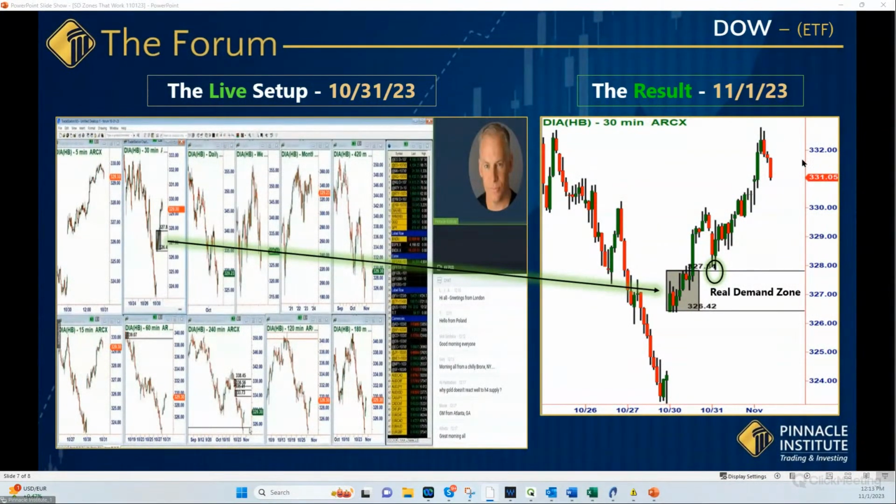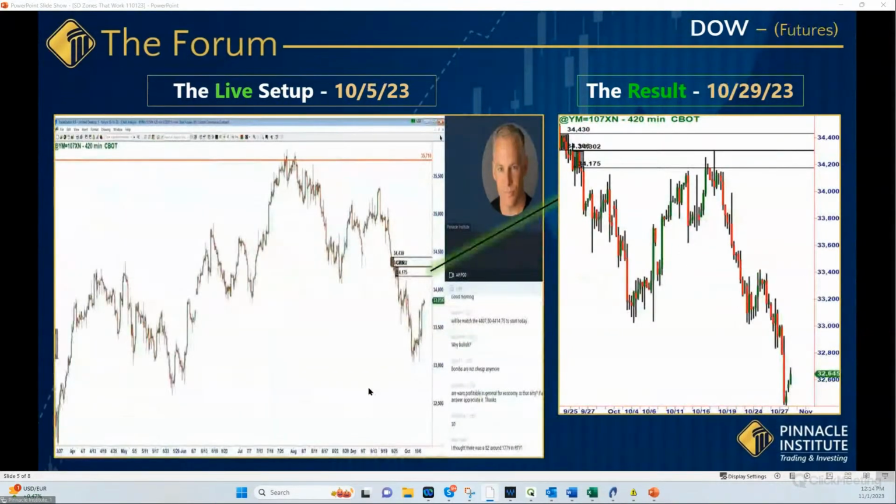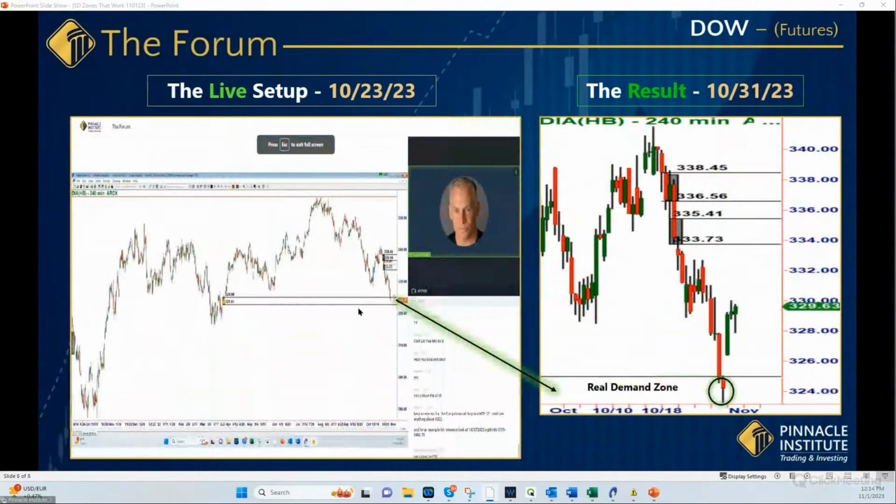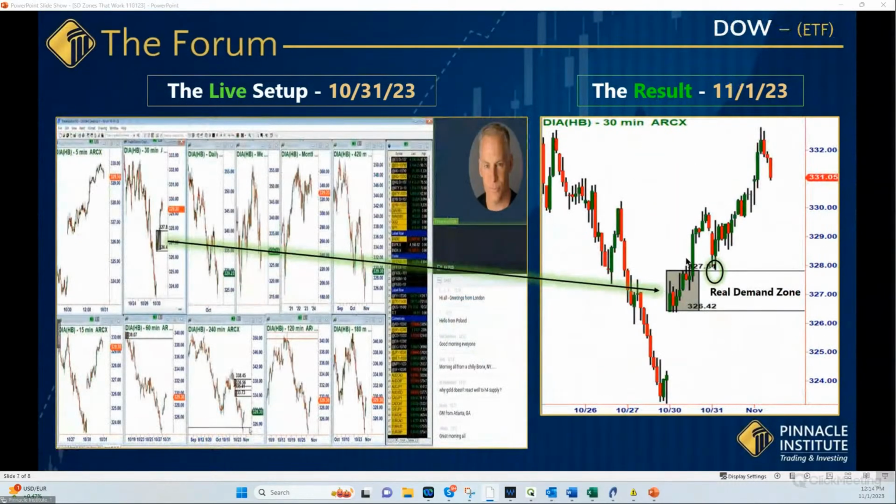Now you can see 331, 332, 333 up here. That brings us right up to these supply areas. What I wanted to share again is that over the past couple weeks, the Dow has moved from supply down to demand and rallied, creating a new demand zone during that rally, pulling back to that demand zone, and then rallying some more up through the available profit zone.